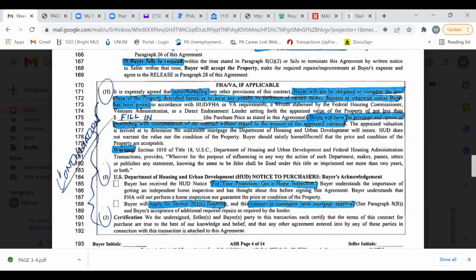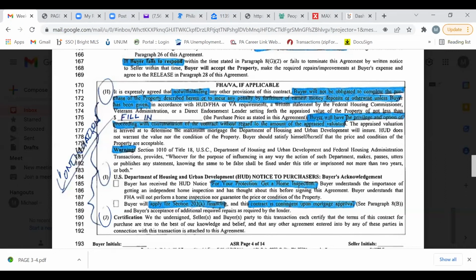I know it says the purchase price as stated in this agreement after that, but please fill in a price because, you know, it's good practice to fill in any blanks, okay? Even if it's not applicable or zero, fill in a number so that we have it filled in.